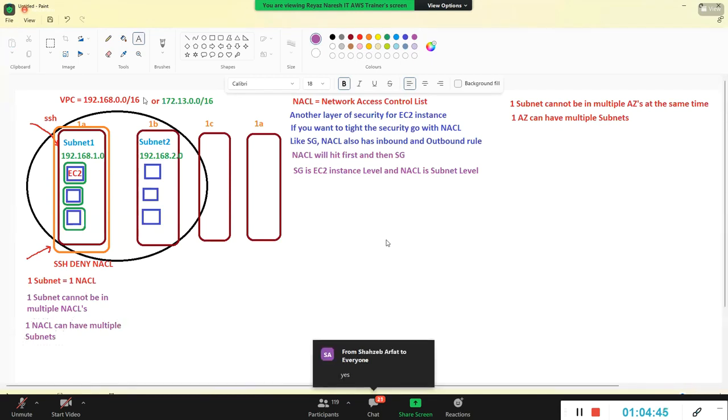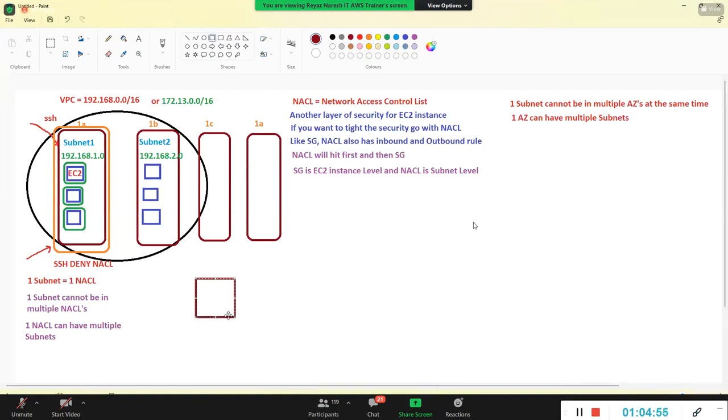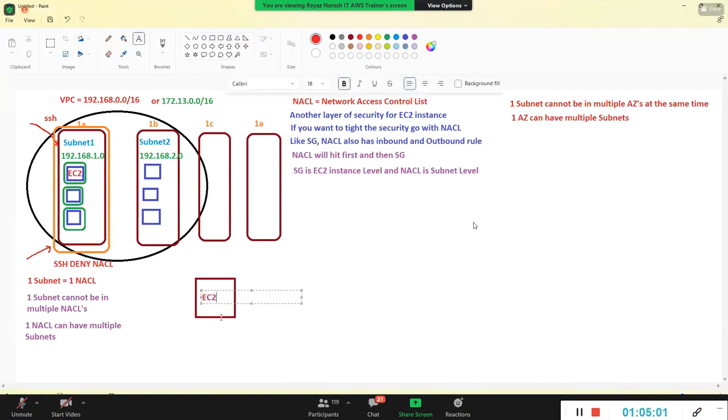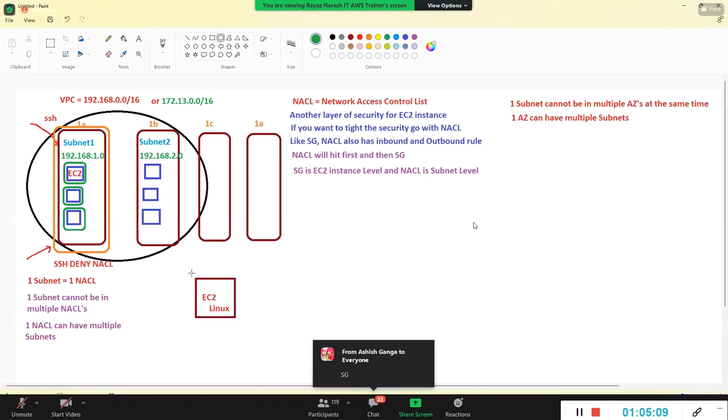See the logic. Let me give another real-time example. This is the EC2 instance, let's say a Linux EC2 instance. This EC2 instance is secured by a security group, and on top of it, it is secured by NACL.